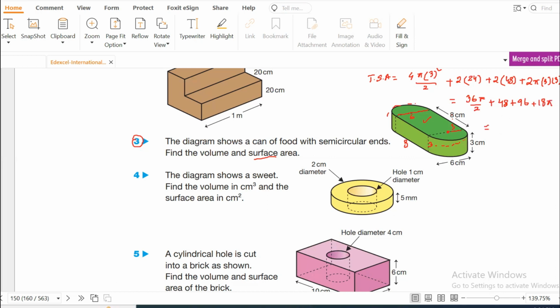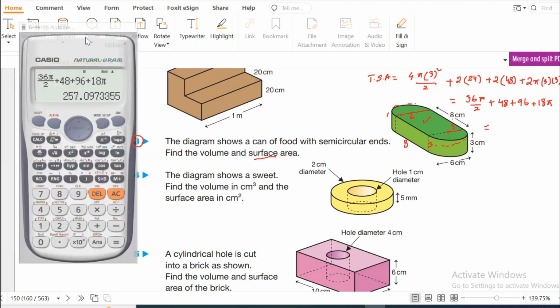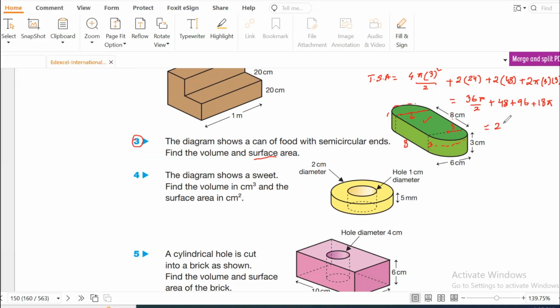Once we add in the calculator, we get the answer. 36 pi divided by 2, plus 48 plus 96 plus 18 shift pi, we get 257 because we are looking for 3 significant figures. So 257, and it is in centimeter squared.